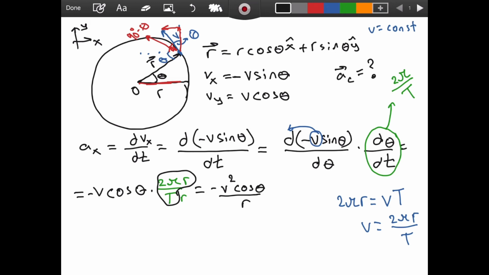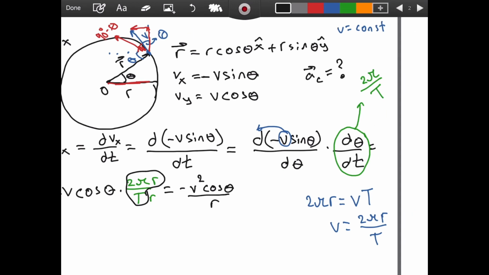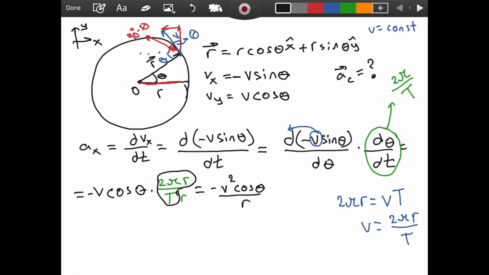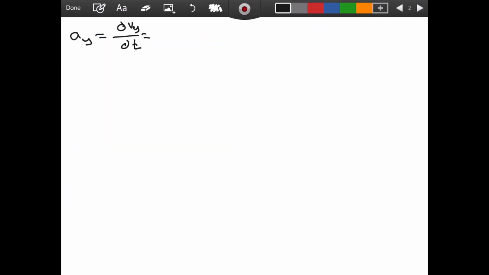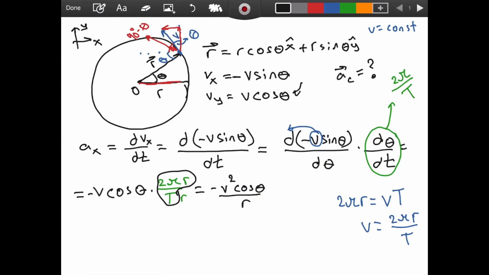All right. Now we will do the same thing for the y direction, and I will do this a little faster since we went over the x direction in great detail. So instead of dvy, I am writing dv cosine of theta. Right, I just copied and pasted from here.